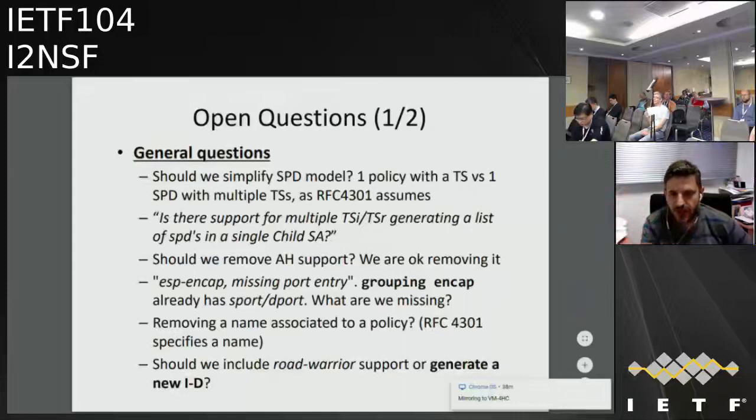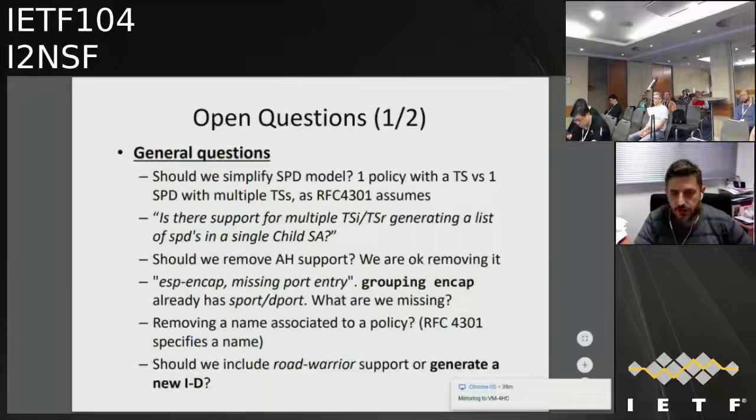And the final bullet is an open question: should we include road warrior support or generate a new ID? Our idea in the current status, considering all the reviews we have received and taking into account we have host to host and gateway to gateway, is that maybe it would be good to have a separate Internet-Draft.